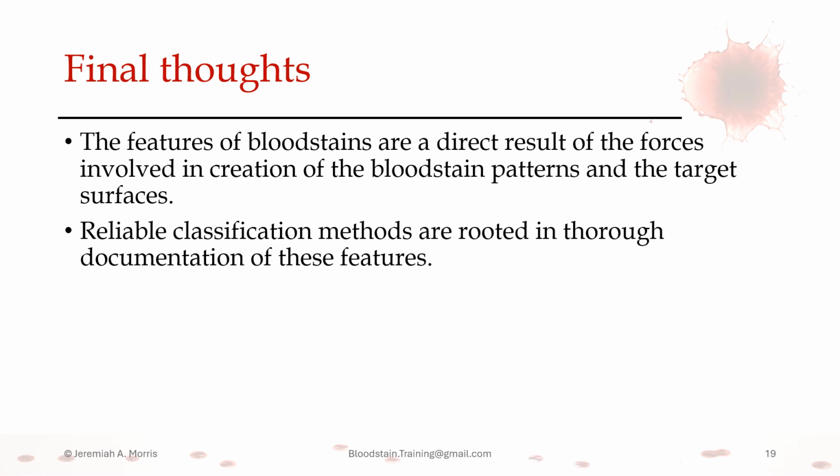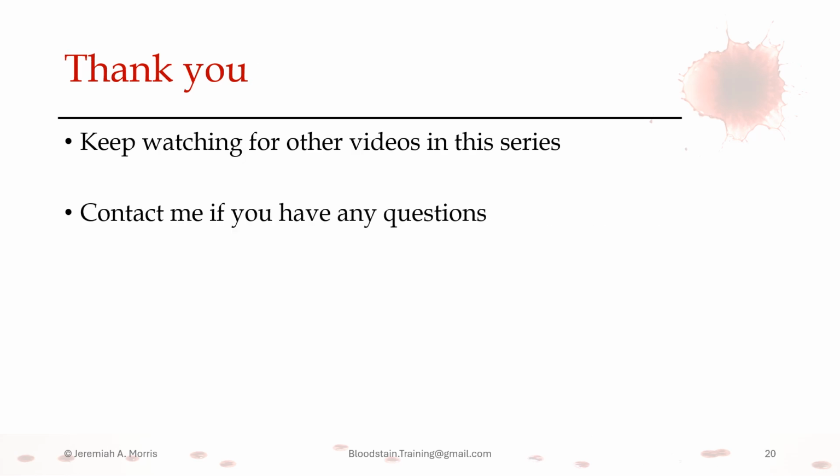So that's why we see those features, because of forces and target surfaces and other materials. Another thing that we need to remember is that when we get to the concept of classification, which is answering the question of how was this pattern created or how was this stain created, reliable classification methods are rooted in thorough documentation of those features to use those features to help drive the classification.